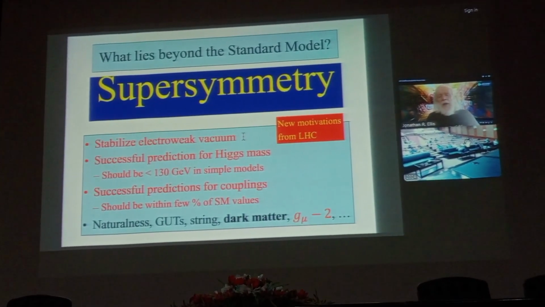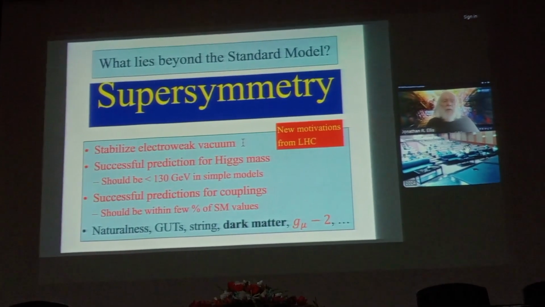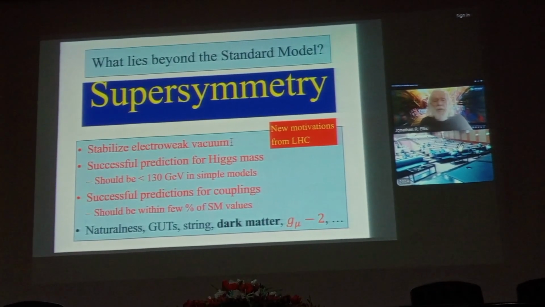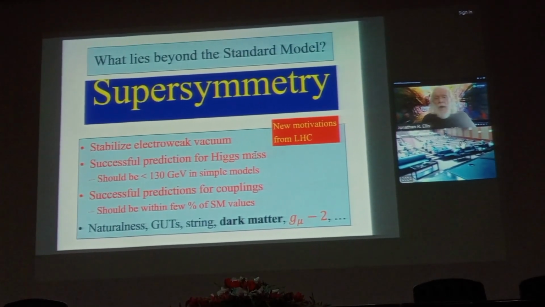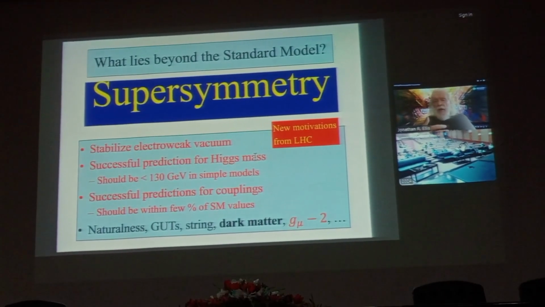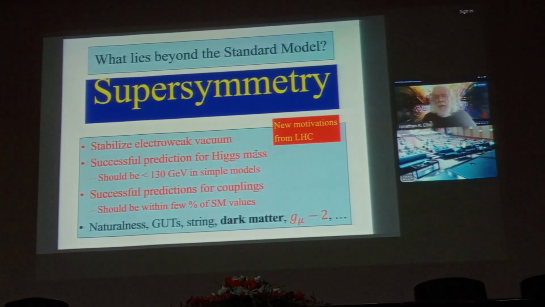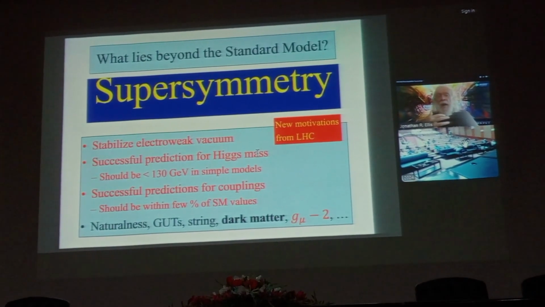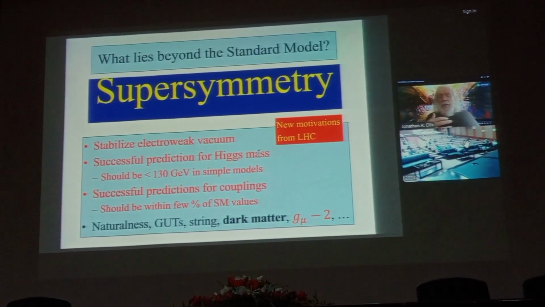One motivation was that, as I've already advertised, supersymmetry could stabilize the electroweak vacuum. Another is that in a supersymmetric theory, you can calculate the mass of the Higgs boson, including quantum corrections. And the prediction is that it should weigh less than about 130 GeV, which it does.